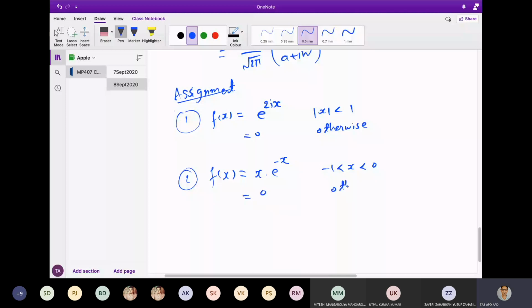That's the second one. And the third one, f of x equal to minus 1 for minus 1 less than x less than 0, and is equal to 1 for 0 less than x less than 1, and is equal to 0 otherwise.